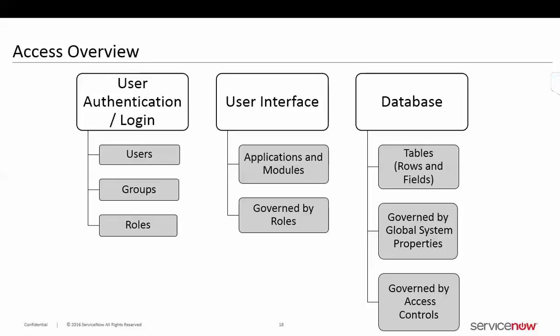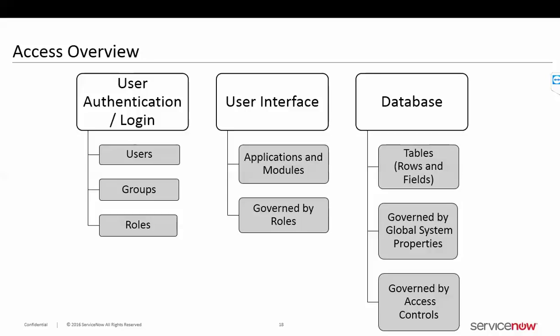So when we're talking about security within ServiceNow applications, the first thing that will need to happen is that there's a certain number of layers that govern the access an individual may have to the different locations of the database.